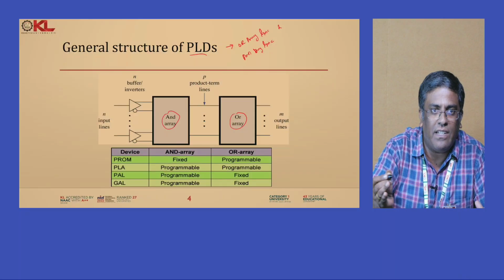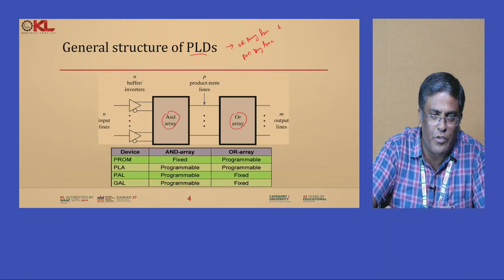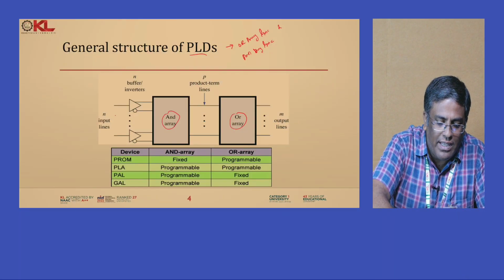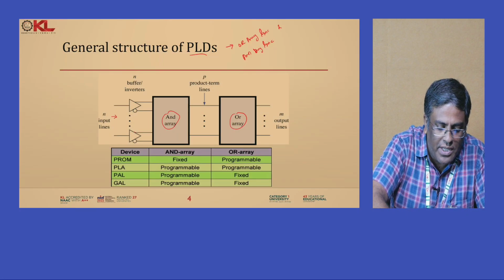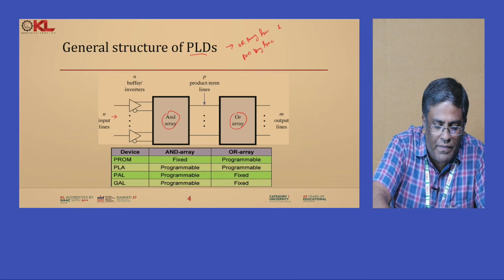Here we can see the general block diagram of the PLD. We have n input lines starting from here, and n buffer inverters are available to support the complements of the inputs.